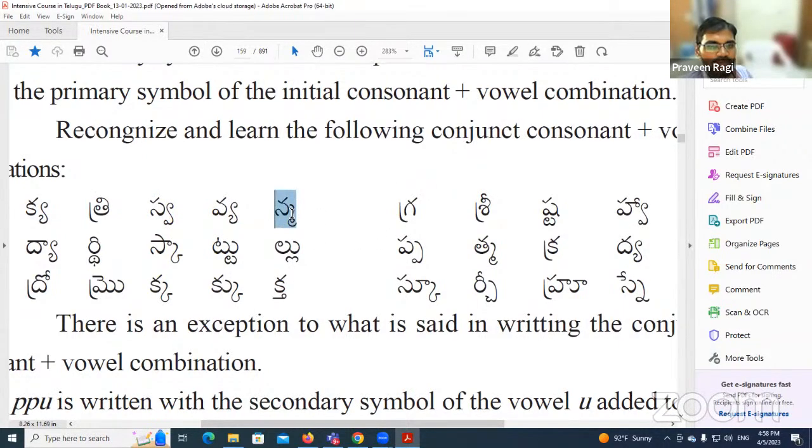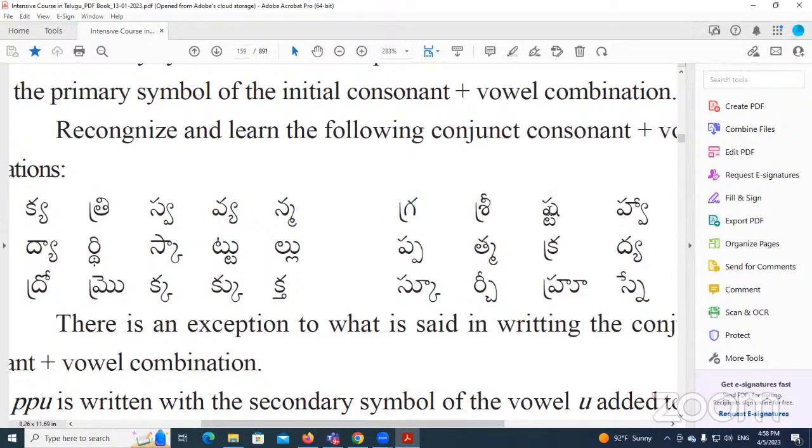For example, I will give you one example word. "Hanmantudu," "Hanmakonda." "Hanmakonda" is a place. "Hanmakonda," "Hanmantudu," "Janma." These words have this letter. Okay, read this one. "Gra," "Shri," okay, "Shta."